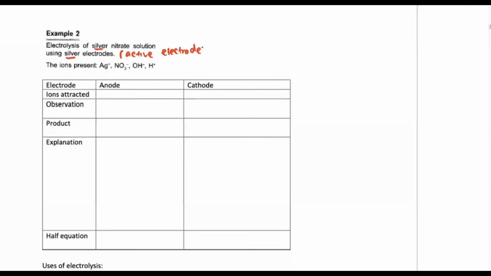Okay, so the observation is the anode becomes thinner.